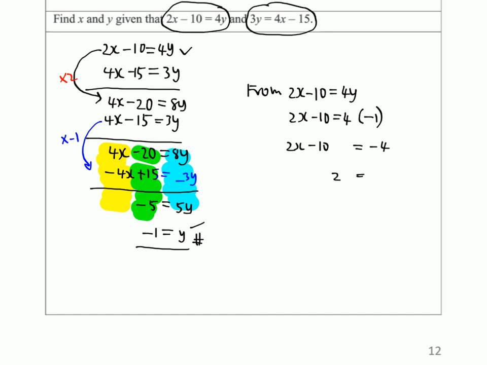Because I want my values on the left to be x only, I must add 10 to both sides of the equation. So 2x minus 10 plus 10 cancels out the 10. 2x is equal to minus 4 plus 10. That's 6. And you can tell me right away x is equal to 3. There you go.